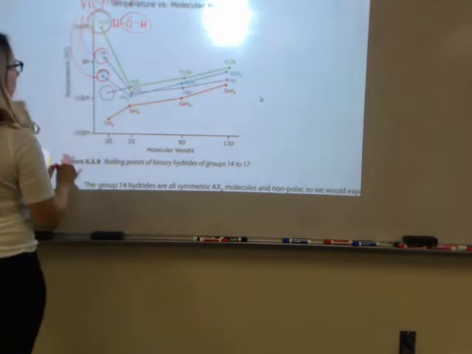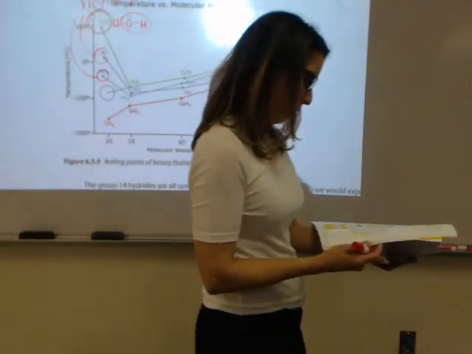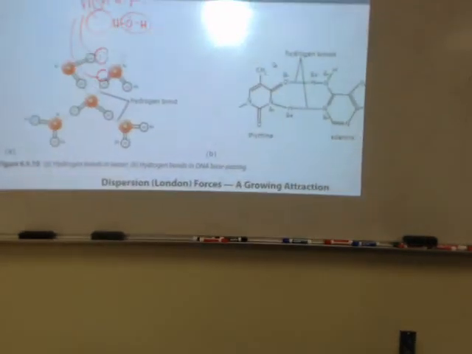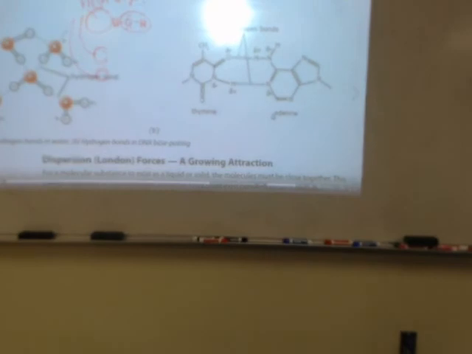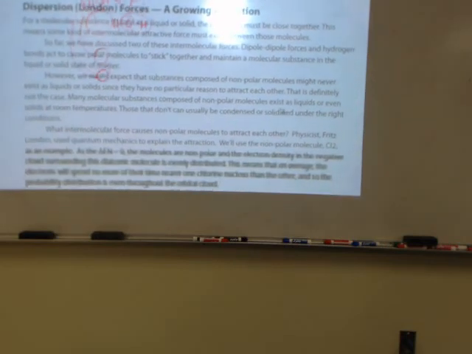NH3 also has the ability to hydrogen bond, and you notice that it has a much higher boiling point as well. The DNA double helix also has the ability to form hydrogen bonds, through the base pairs of DNA.